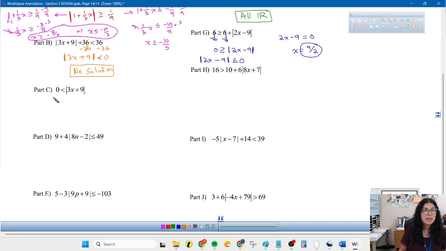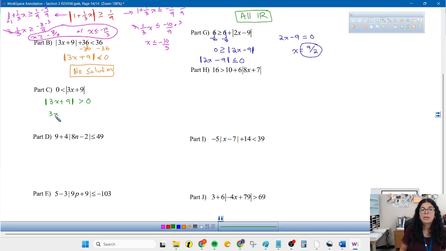All right, let's do part C. Again, I find it easier to read when the variable is on the left, because if not, then you just have to invert the inequality symbol in your mind. So we're looking for a number that, when I take the absolute value, is going to be more than 0. Well, that's going to be all numbers, right? All numbers are going to be more than 0, except the one that makes it 0.